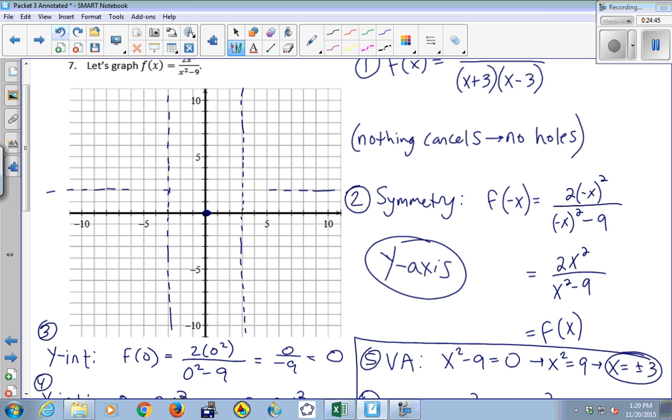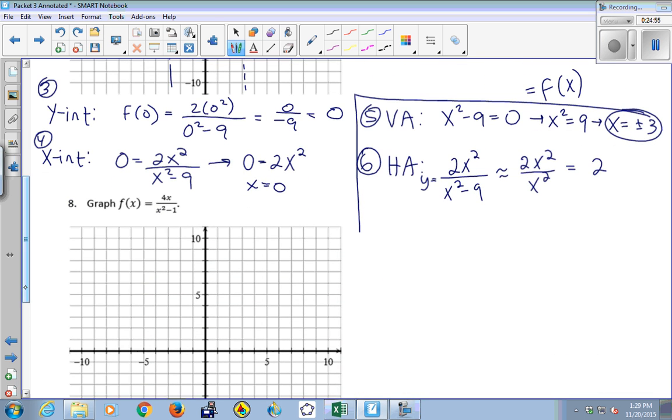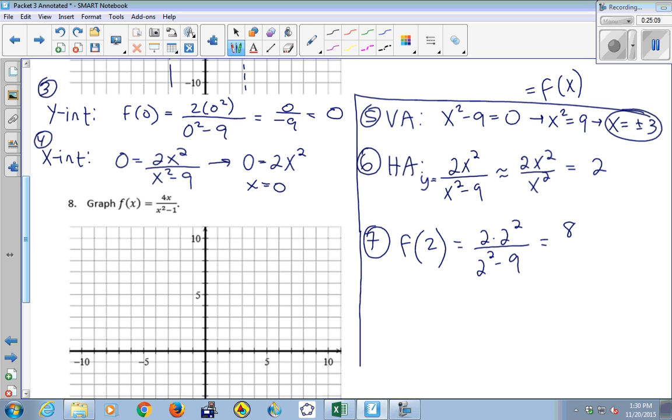So pick a value between 0 and 3. 2. Okay. So I'm going to figure out what the value of my function is when x is 2. So I'm going to do f of 2. So 2 times 2 squared over 2 squared minus 9. That's 4 times 2 is 8. 4 minus 9 is -5.